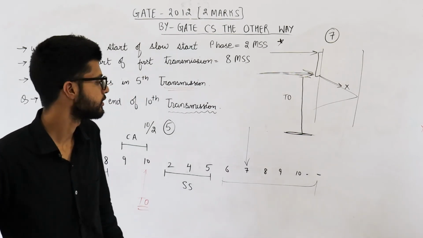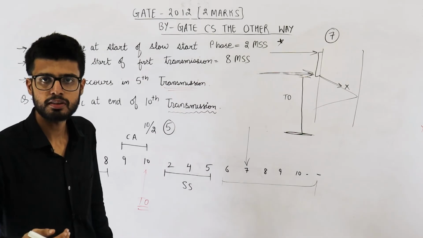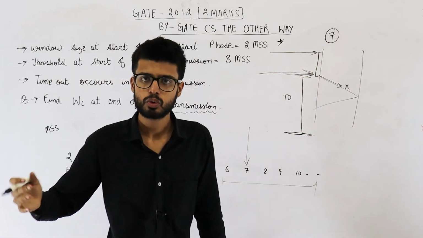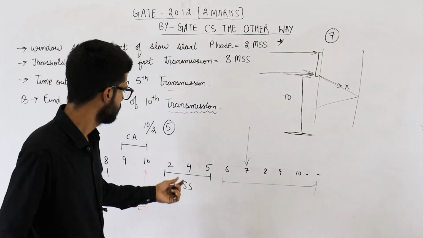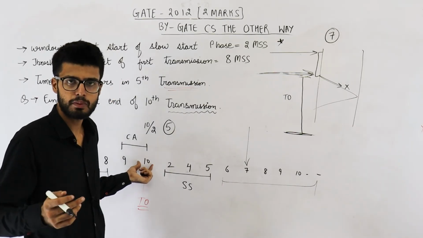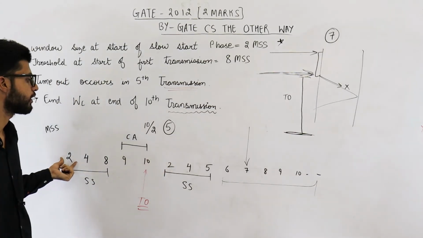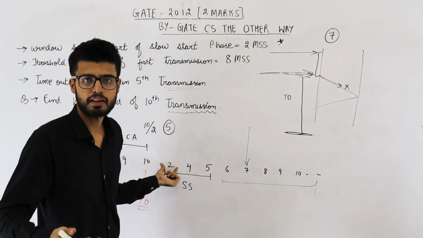That means linear increase. And multiplicative decrease means whenever timeout occurs, we go back to the initial value. So timeout occurred here. Instead of reducing by 1, we reduced the window size to the initial value. So this is multiplicative decrease.